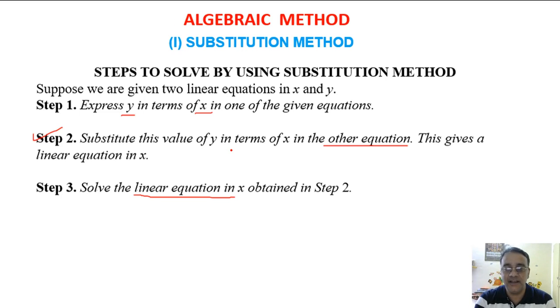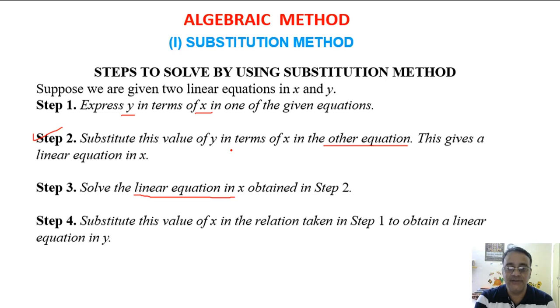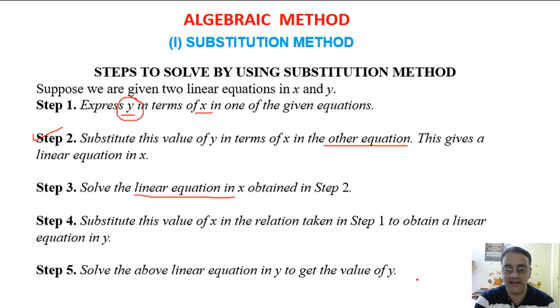After that, again the value of x we need to substitute in y which we got in step number 1, okay, right. उसको फिर सिंप्लीफाई करके हम लोग को y का वैल्यू निकालना है. So these are the steps in substitution method that we have to follow.